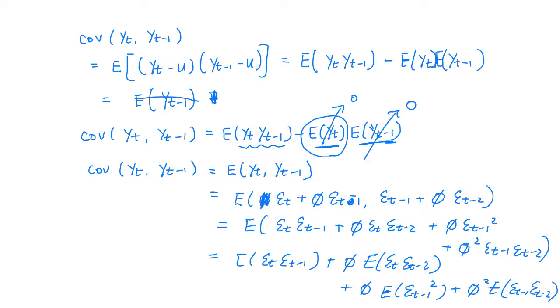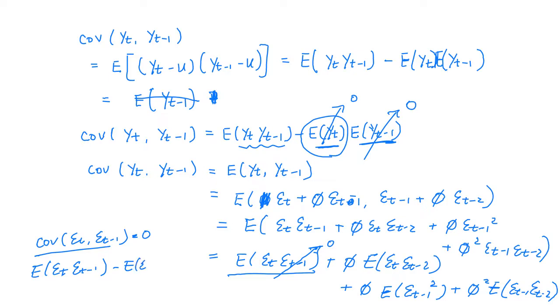Let's see what this term is. This term is going to be equal to 0. Why? The covariance of the epsilon t minus 1 terms is equal to 0. And this term is actually equal to this, and we know that the central first moment of white noise is equal to 0.